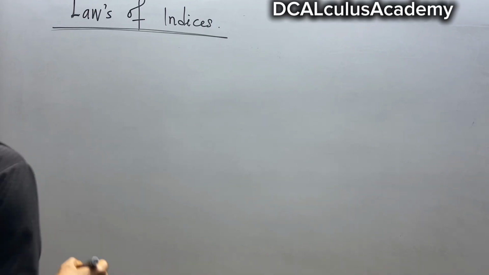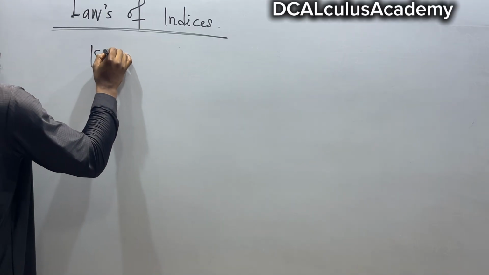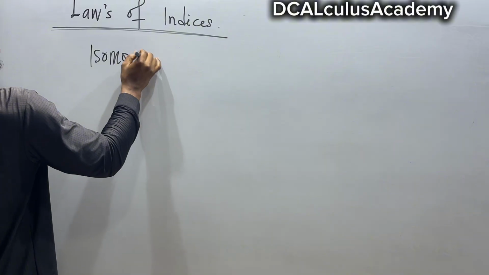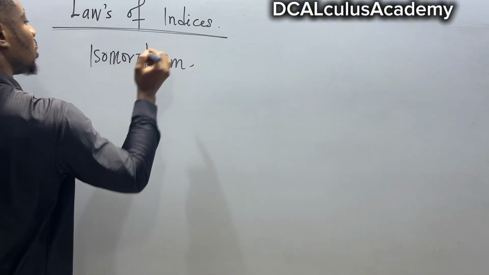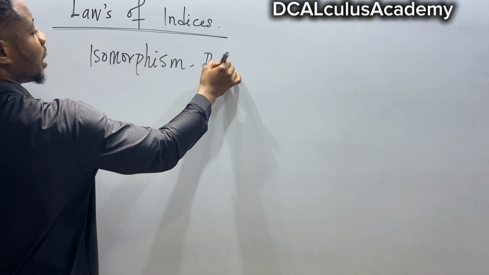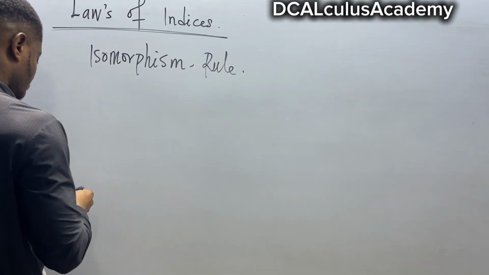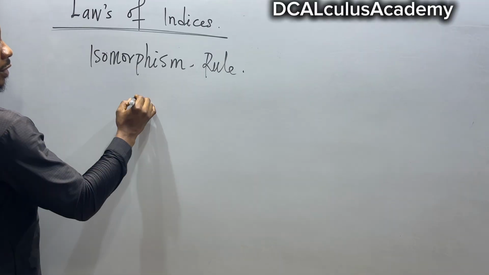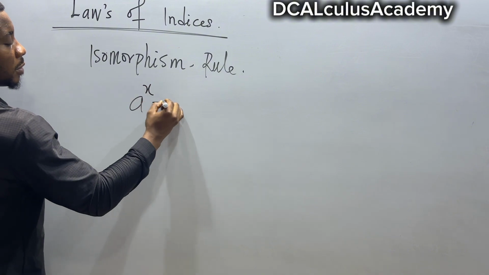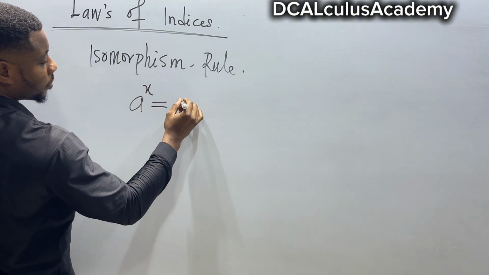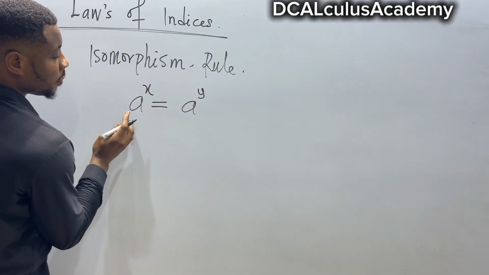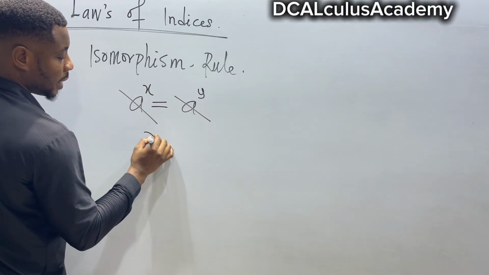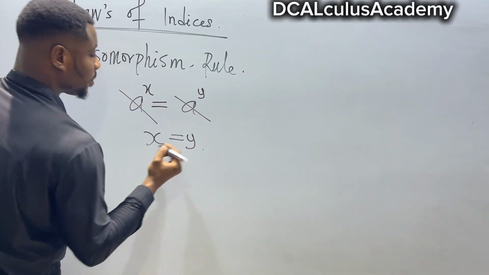Now, there is a rule that we call the isomorphism rule. Okay? The isomorphism rule. Now, this rule tells us that if you have a to the power of x being equal to a to the power of y, so far the bases are the same, we could have that x is equal to y.